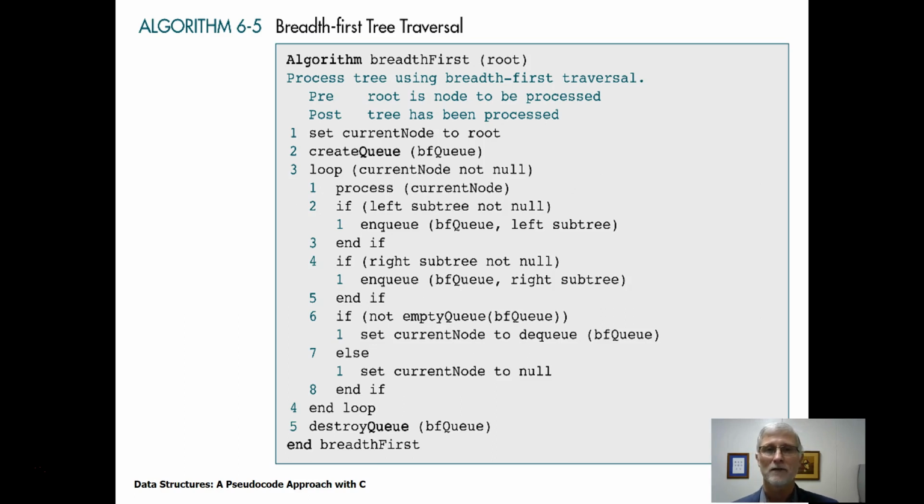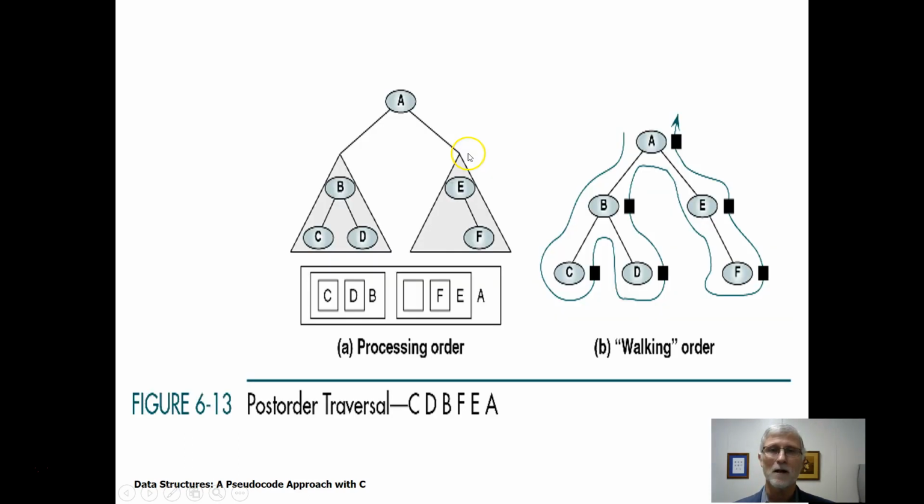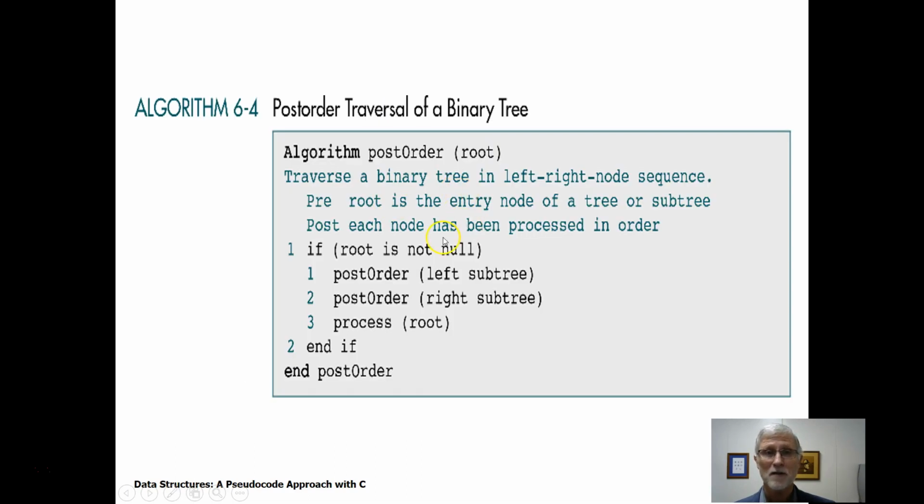So here you've got what? I'm setting the current node to the root. So now it's like, what do we have here? I've got a queue, because I'm going to do first in, first out. When you processed post order, what did these look like? I'm popping things in, popping things off.